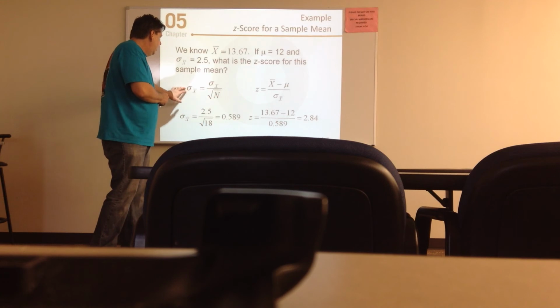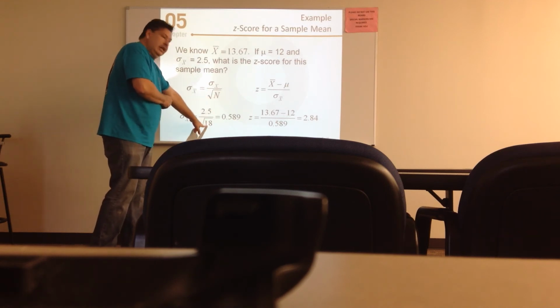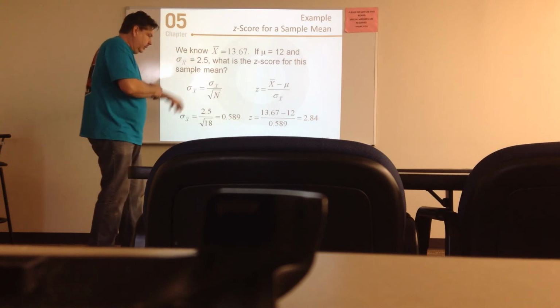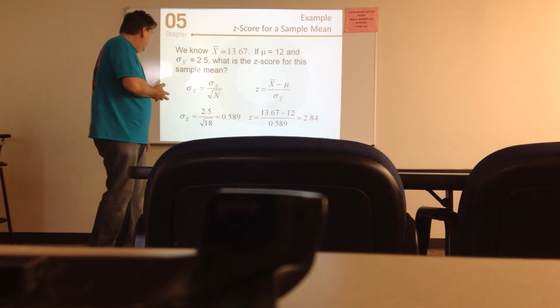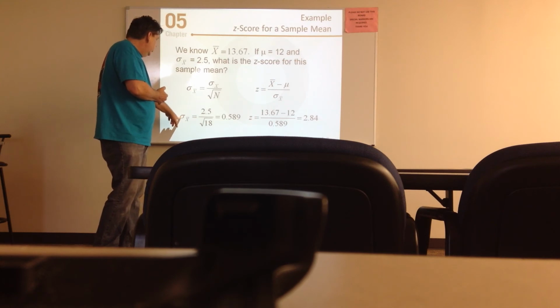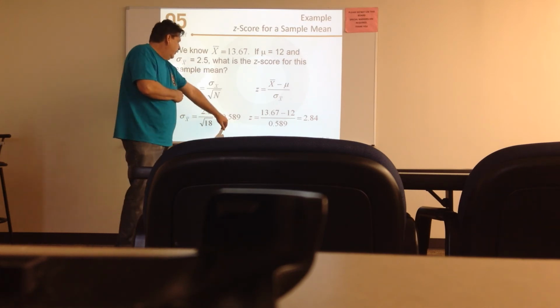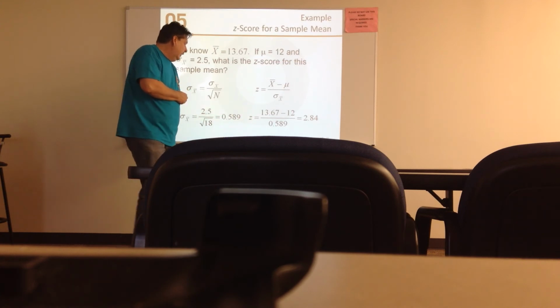I'll look at all my population estimates, and I know that I have an N of 18 from that distribution we had just a few minutes ago. This is going to be, remember, the standard error of measurement. So I'm going to take 2.5 and divide it by the square root of 18, which is going to give me a value of 0.589.